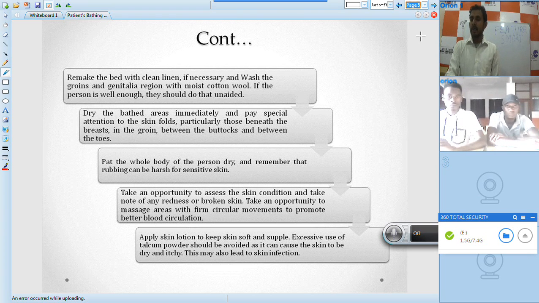After giving the bath, you need to change the bed linen with a clean one, and if necessary, wash the inner parts of the body of the patient.